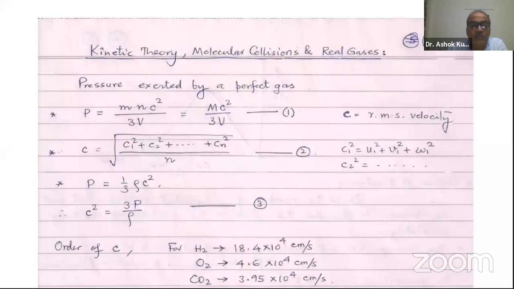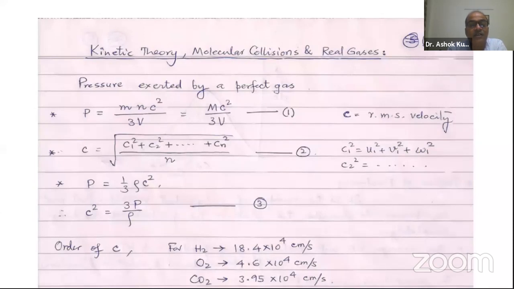So in this process, they collide with the wall and impart momentum, and you know that in imparting momentum there is change in momentum, and rate of change of momentum is force, and force per unit area is pressure.